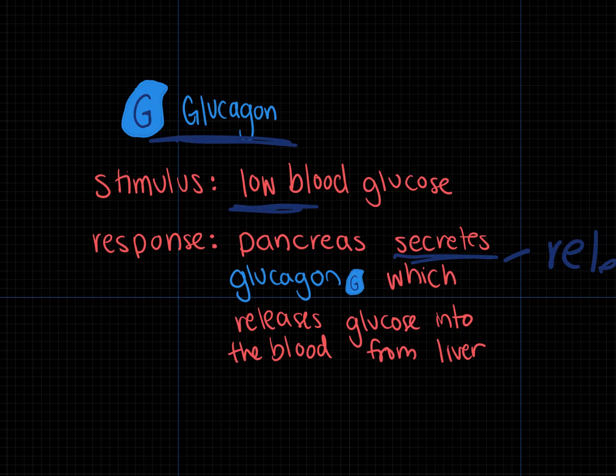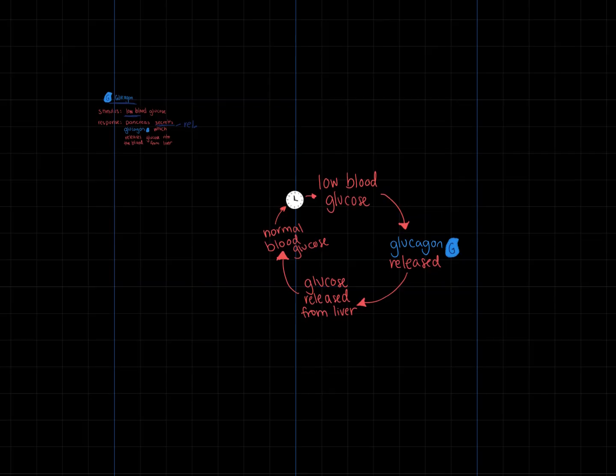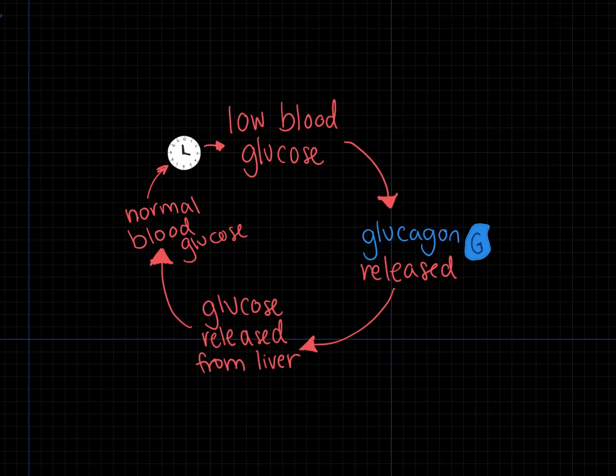So our pancreas releases glucagon, which releases glucose into the blood from the liver. So that brings our blood glucose back up. So this is a similar loop. We have low blood glucose, glucagon is released, that causes more glucose to be released into the blood, and now we're back to normal. See how it's that same end goal, getting back to normal.